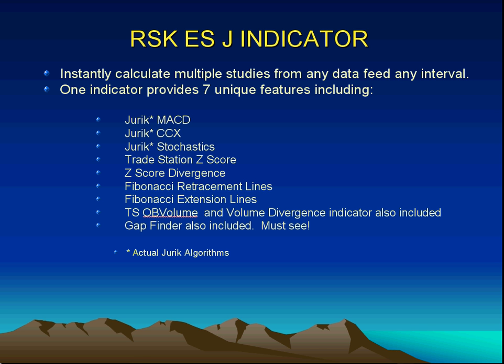It simultaneously calculates 7 different studies, including the Zurich MACD, CCX, and stochastics, as well as Z-score, Z-score divergence, automated Fibonacci retracement and extension lines, and we also include our volume divergence indicator, and our famous gap finder.